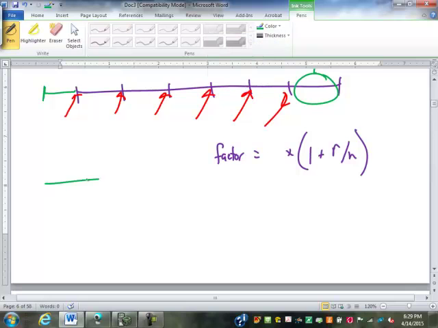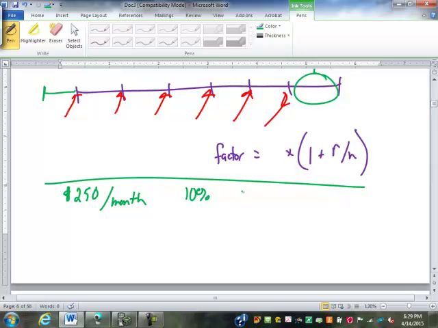So let's say that we are going to invest $250 per month at 10% for 30 years. Find the future value of an annuity due.